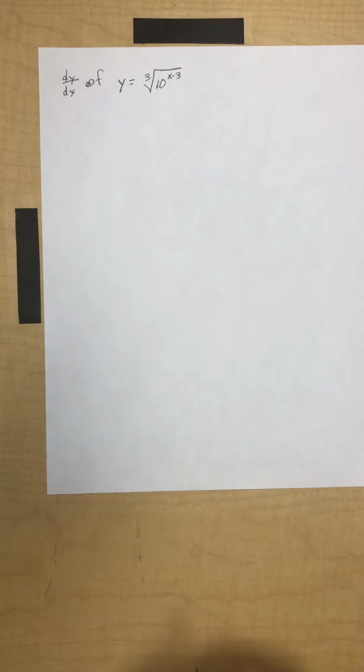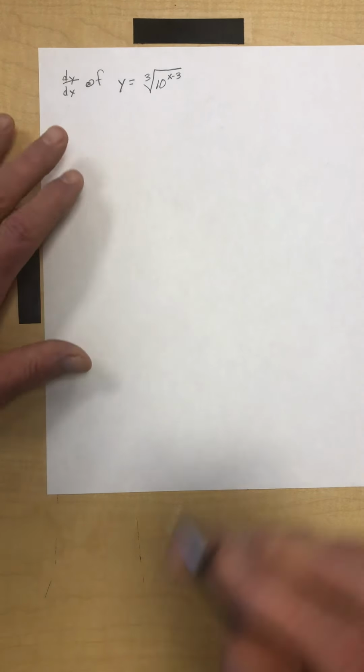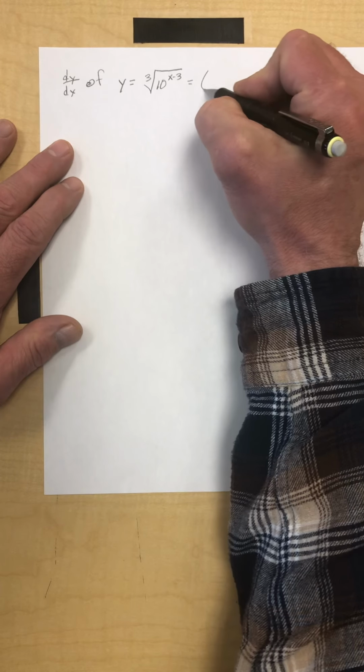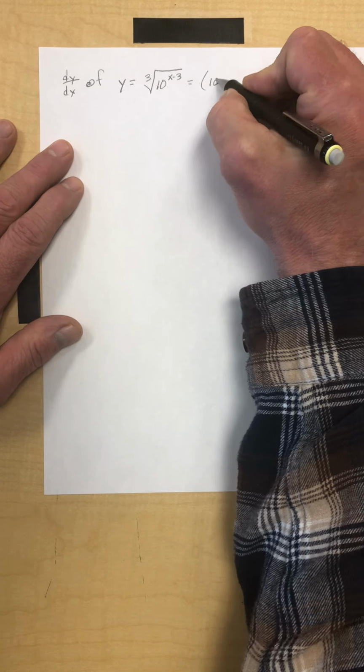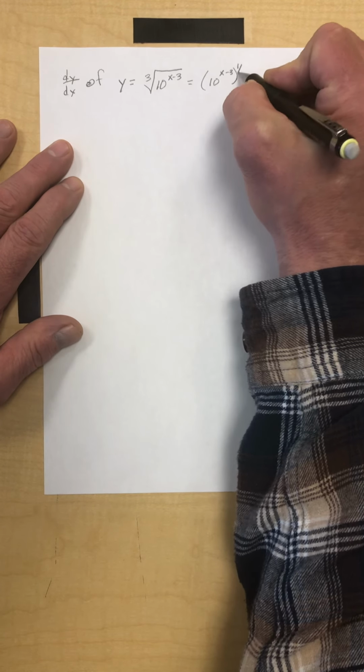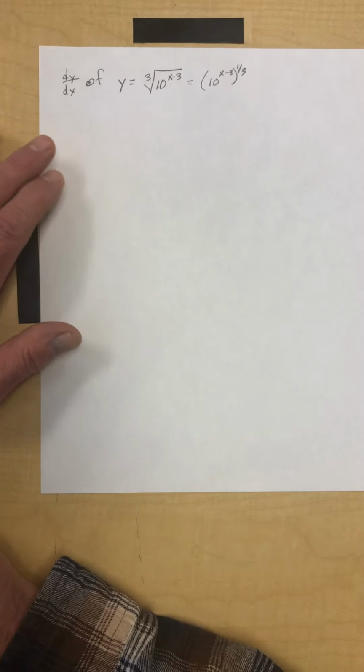So the first thing I would do is get it into a form where you can actually work with, and that cube root obviously is not what I want to be working with. So we're going to get it out of root form. This would be the same as 10 to the x minus third power, all to the 1/3 power.